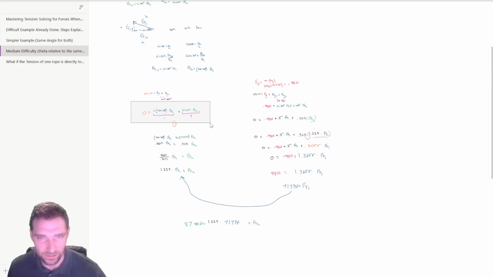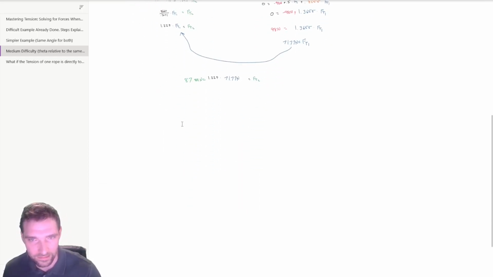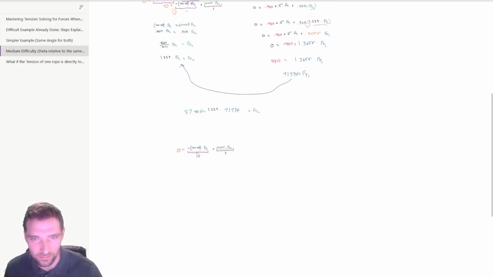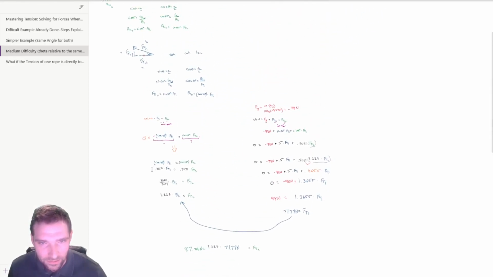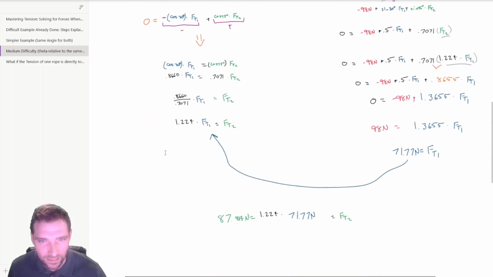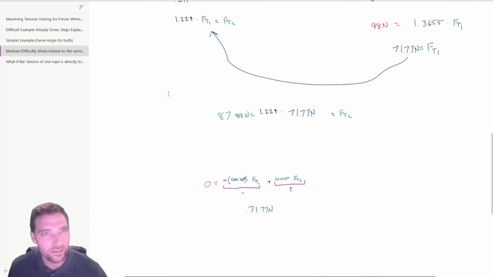And then you can end up relating those to the sine cosine things that we were talking about earlier. So we can be like, okay, let's just double check the x-axis because they should be canceling out. But we can double check that now that we have 71.77 newtons. We can do that times the cosine 30. I think we actually already solved for the cosine 30. Yeah, it's 0.866.